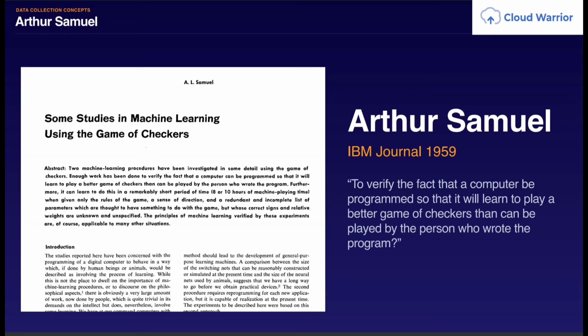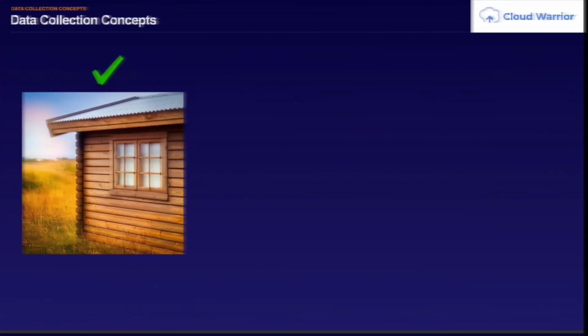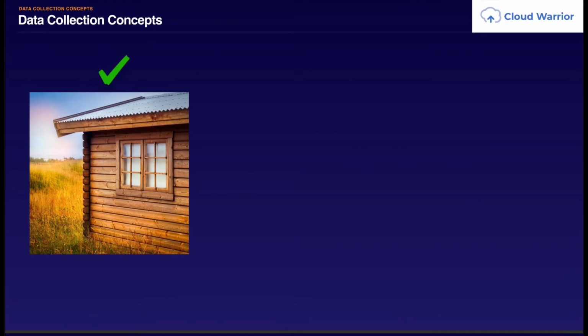So let's go ahead and continue this chapter and start talking about how we would collect data and what our data could look like. We will talk about some terminology, and then we will dive into how to get our data into AWS and some different services that we can use to help us with this process.